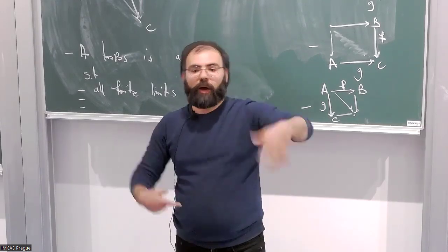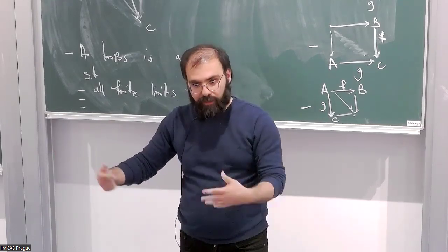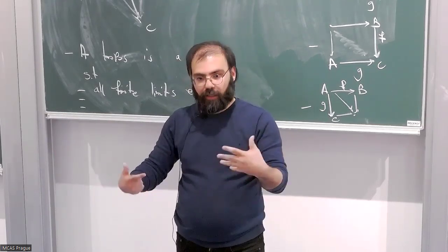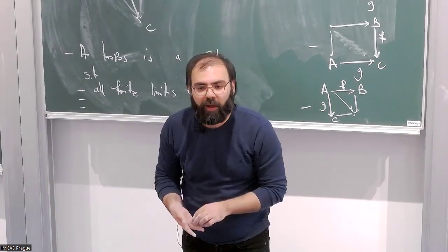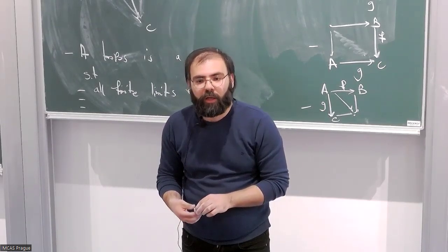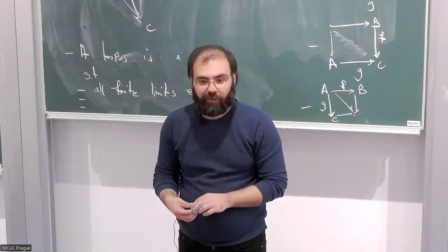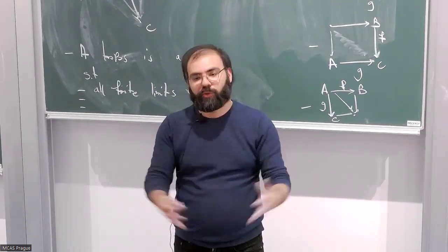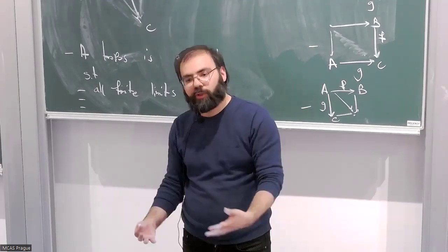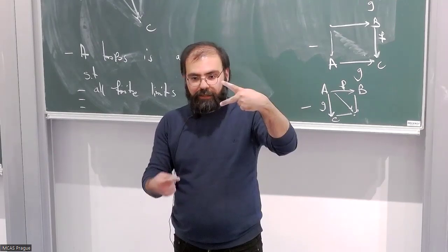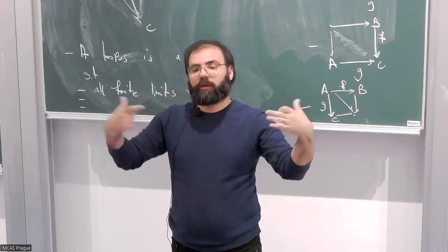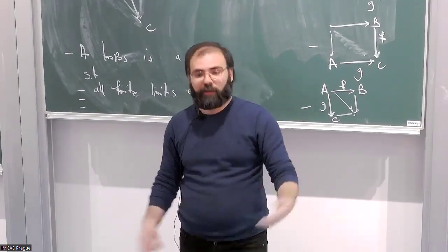So you go to the product of some object again, and then you equalize all of them together, right? If you have the product, again, you use product to do it, because if you have two equalities, it is just one equality when you go to some appropriate product. That's the idea.